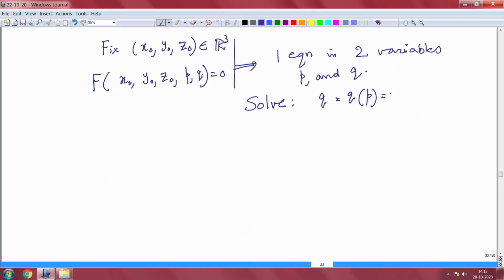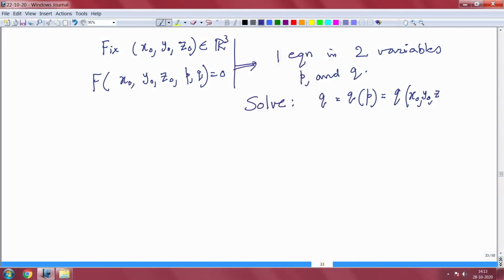There may not be a solution, like you have seen with p square plus q square plus 1 equal to 0. Given p you may not be able to find such a q, and even unique solvability need not hold all the time. But since we are trying to understand the geometry, assume that there exists a unique solution for q.